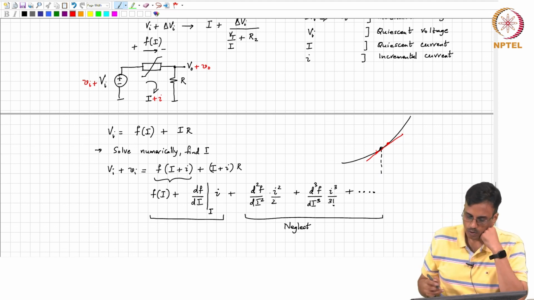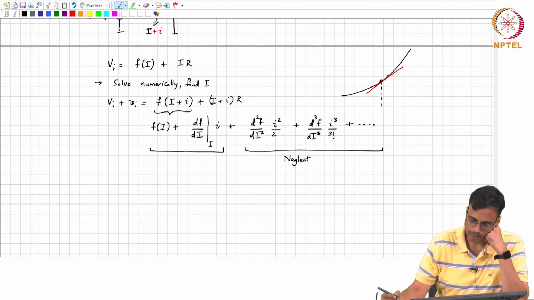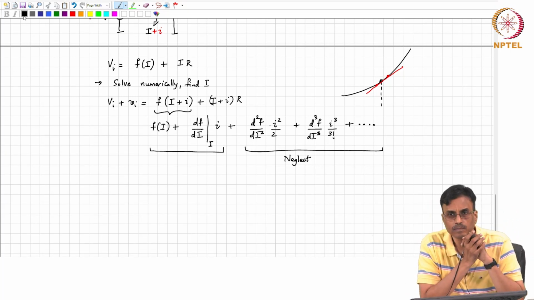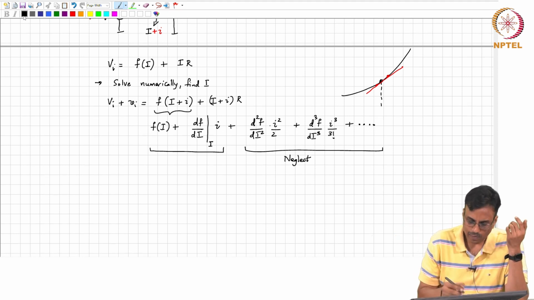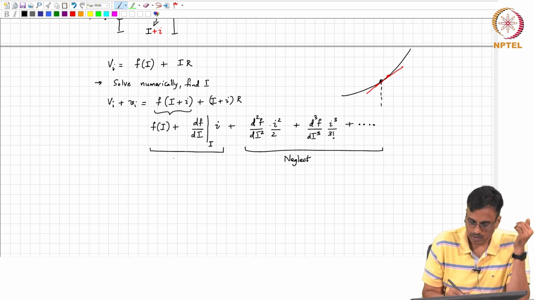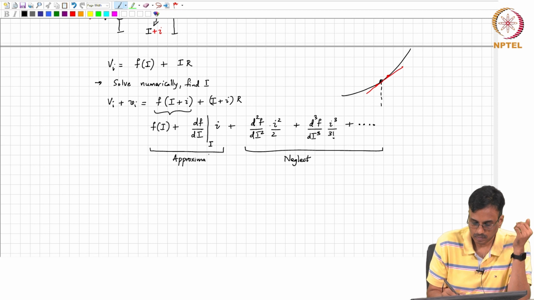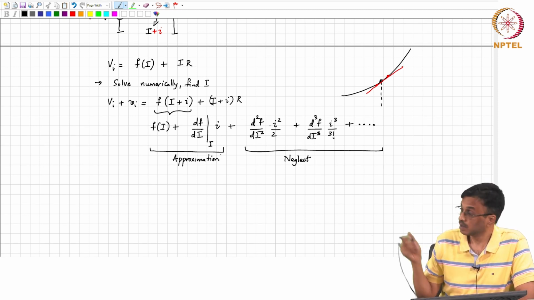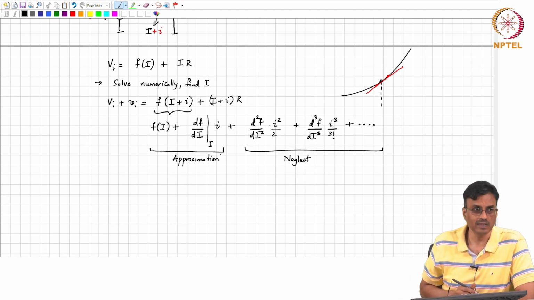So, in general, what qualifies as a small signal? When will this be a good approximation? When I is not changing much.